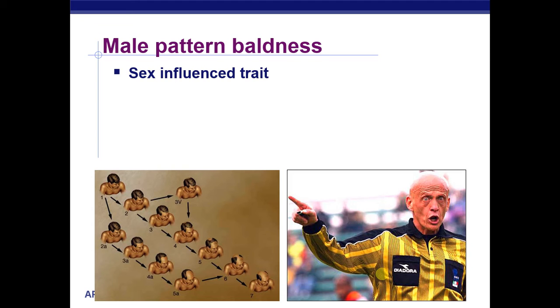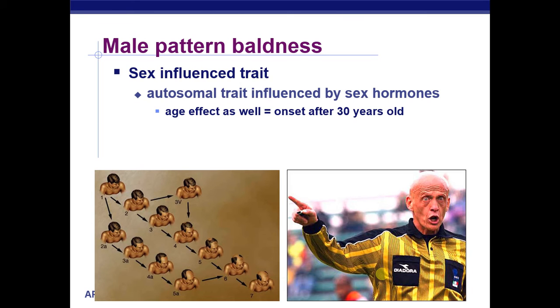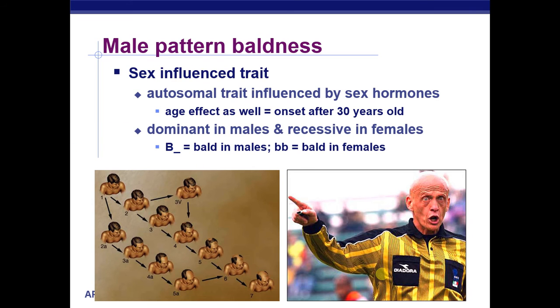Male pattern baldness is what we call a sex-influenced trait. So, for example, it's an autosomal trait that's influenced by sex hormones as well as age. It's a dominant allele in males and a recessive allele in females, but it is even more exemplified by the exposure to traditionally male sex hormones like androgens and testosterone.